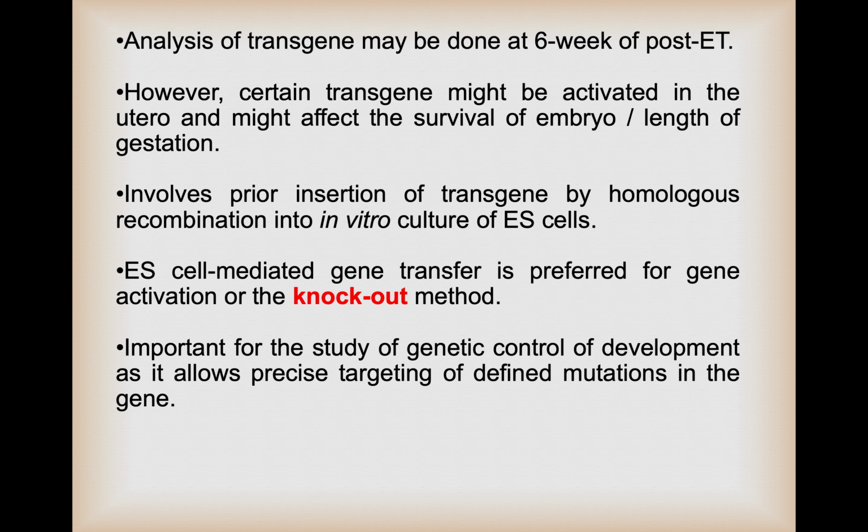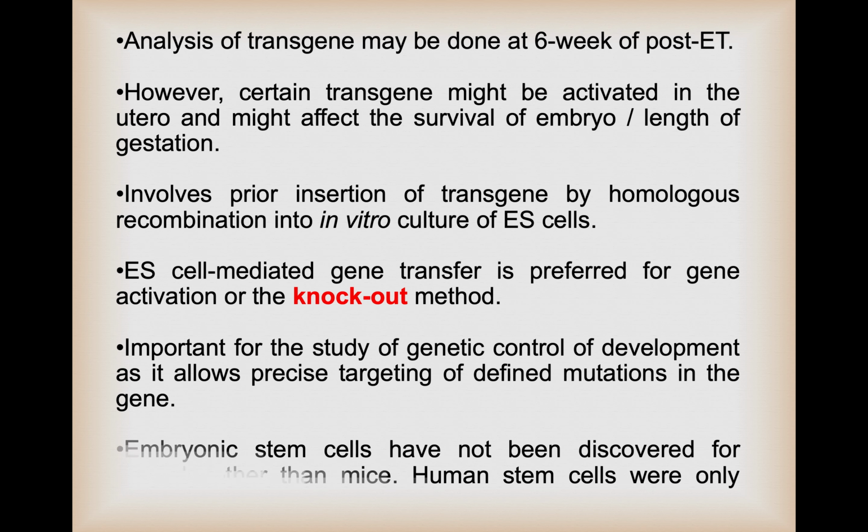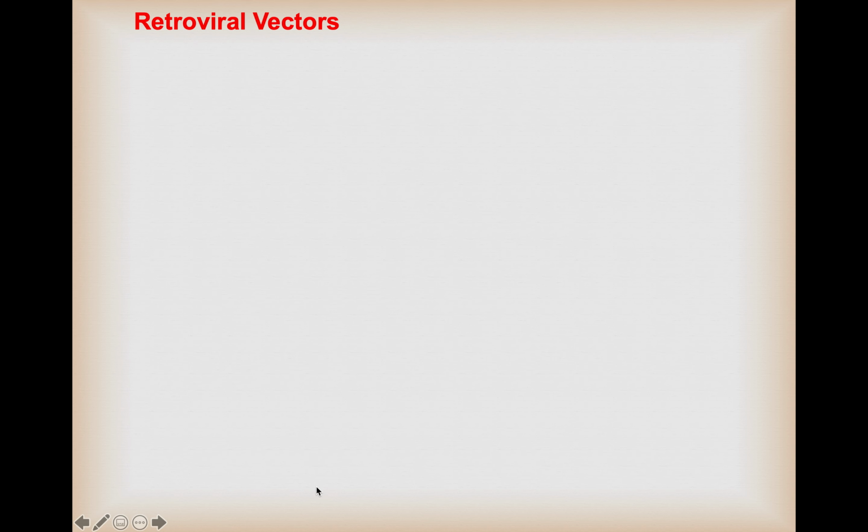So this kind of method is important for the study of genetic control or development, as it allows precise targeting of defined mutation in the gene, and you can play around with it, especially if there is a disease involved. And embryonic stem cells have actually been discovered for a long time in mice, but in other animals not so. In humans, it has only been discovered in 1998 and explored since then.